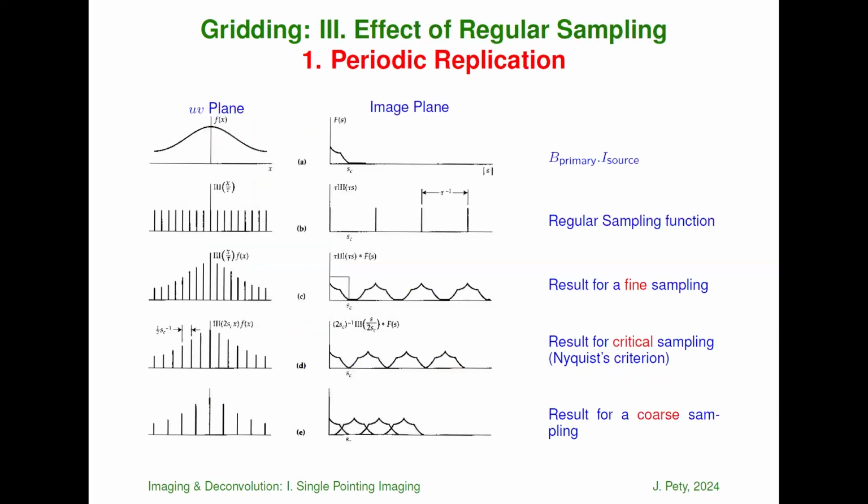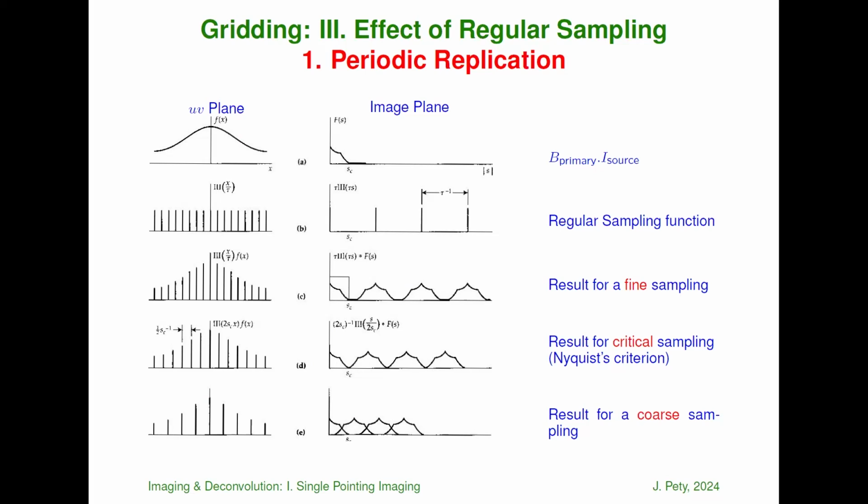Okay, let's show the effect of sampling a function. Here we have on the left column the UV plane in one dimension, on the middle column the image plane in one dimension, and on the right column the labels of each line.